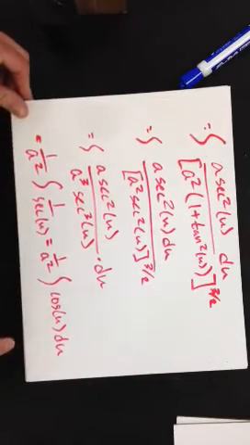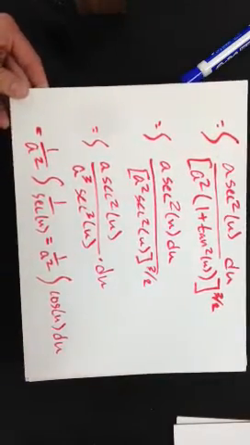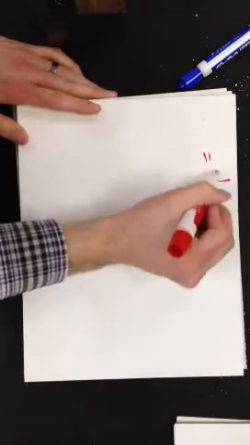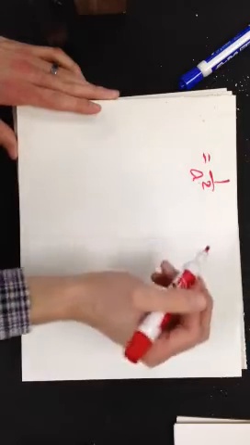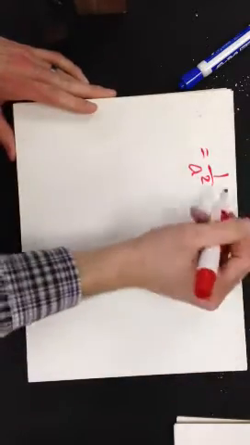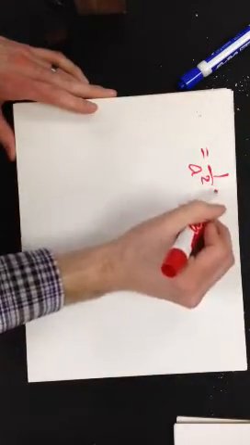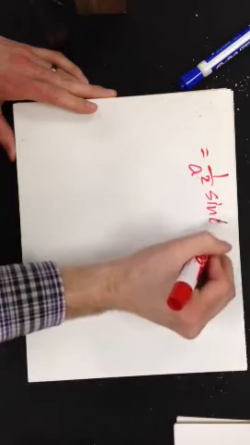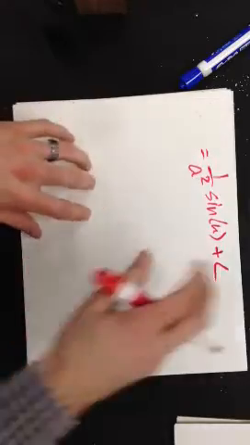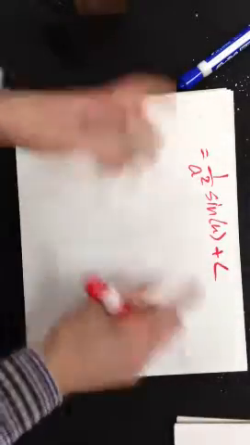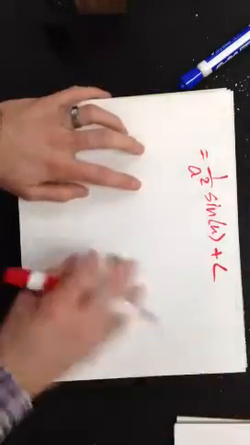The integral of cosine is sine. So I've got 1 over a squared times sine of u, plus some constant c. In your problem, you've got limits of integration, but here I didn't have any limits, so it's just plus c.